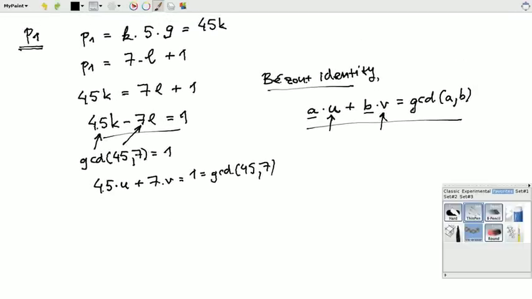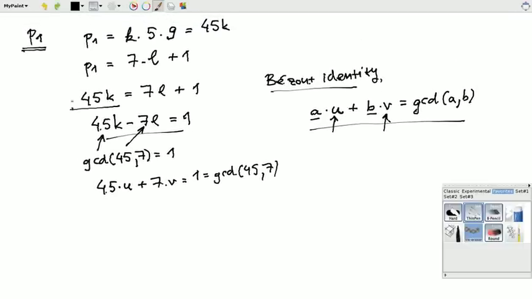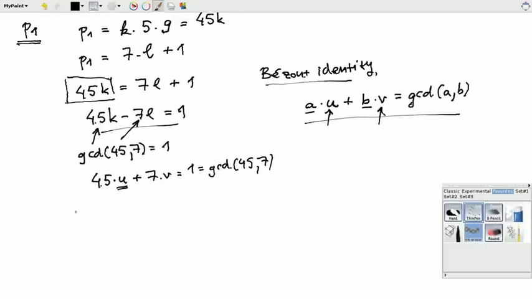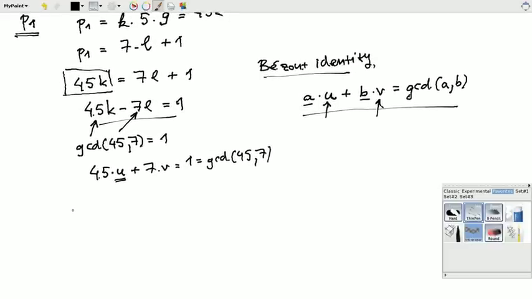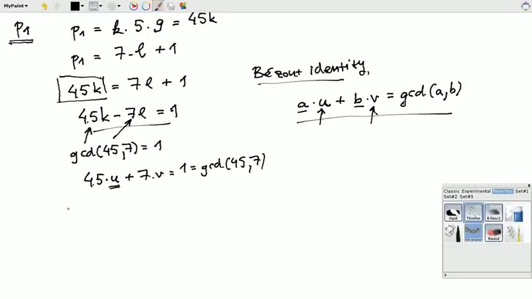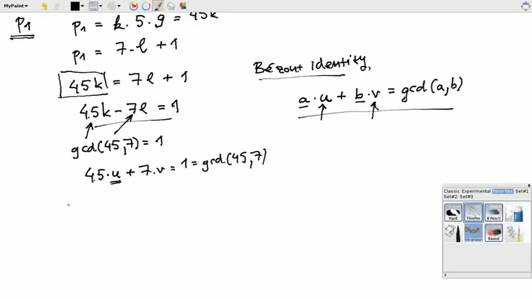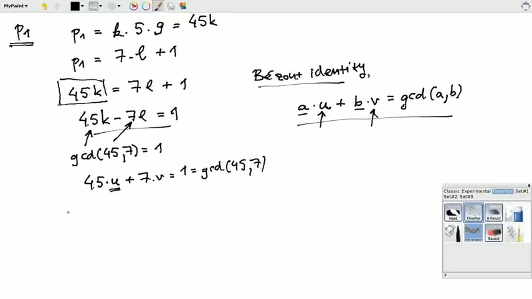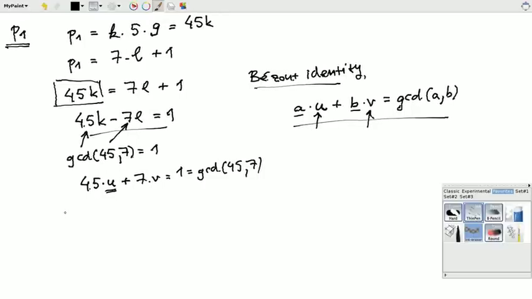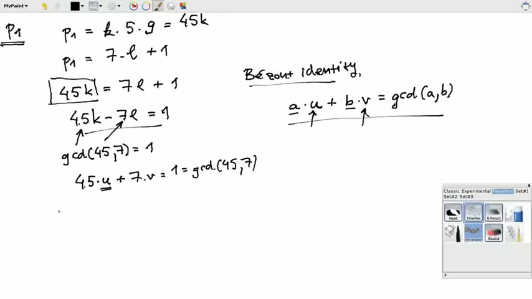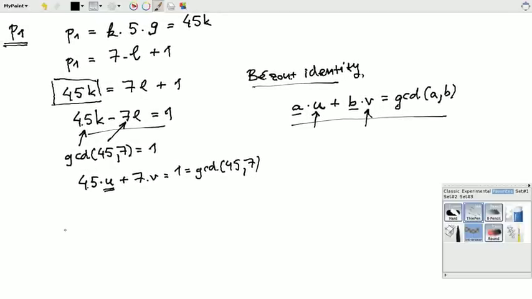So we know that P1 should be 45 times the k, or also, as I renamed it, the u. I hope you already know the Euclidean algorithm. If you don't, I guess it might be apparent how it works after I show it.